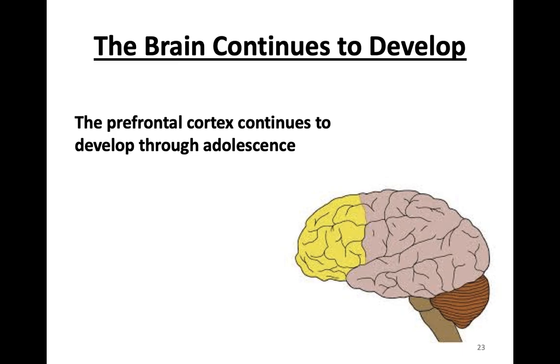When kids act out or act impulsively, some of that might have to do with still developing their ability to regulate emotion, to think of consequences, like what will happen to me in the future if I do this thing now. So I think that's helpful to know.